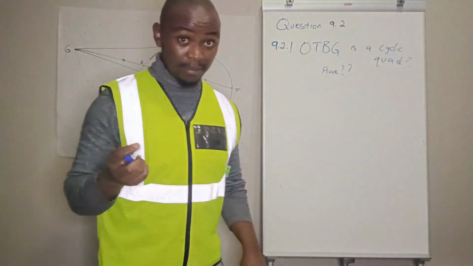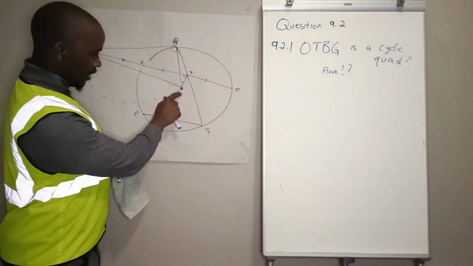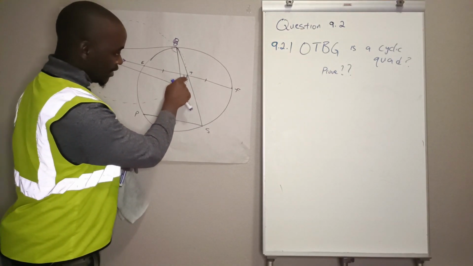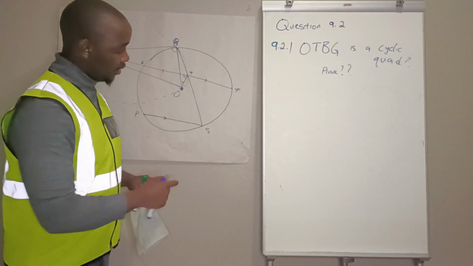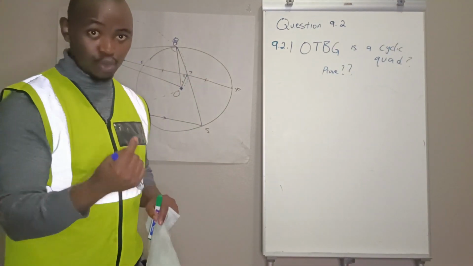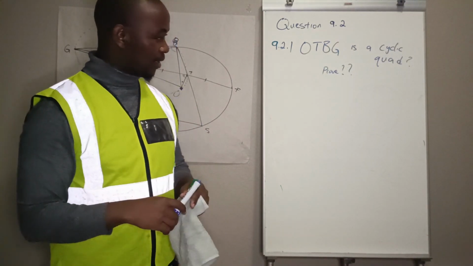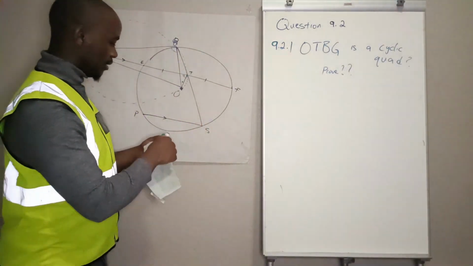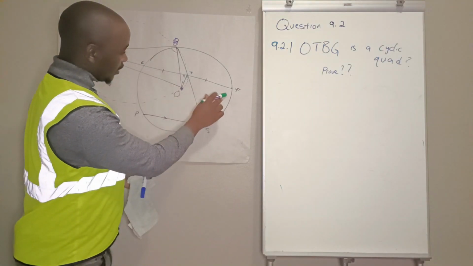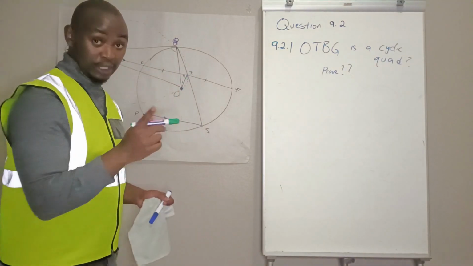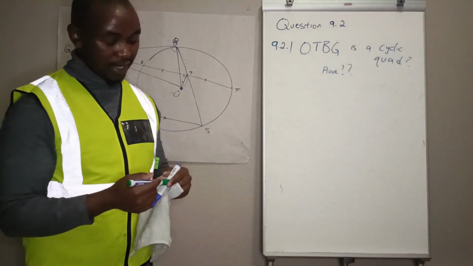And if you remember, there's a theorem that says that if a line from the center intersects a chord, if it bisects that chord, it is going to be perpendicular to that chord. And we all remember that theorem. We normally look at that theorem the other way around. If a line intersects a chord EF and it is perpendicular to that chord, then we'll know that it bisects the chord. So it can always go the other way around.